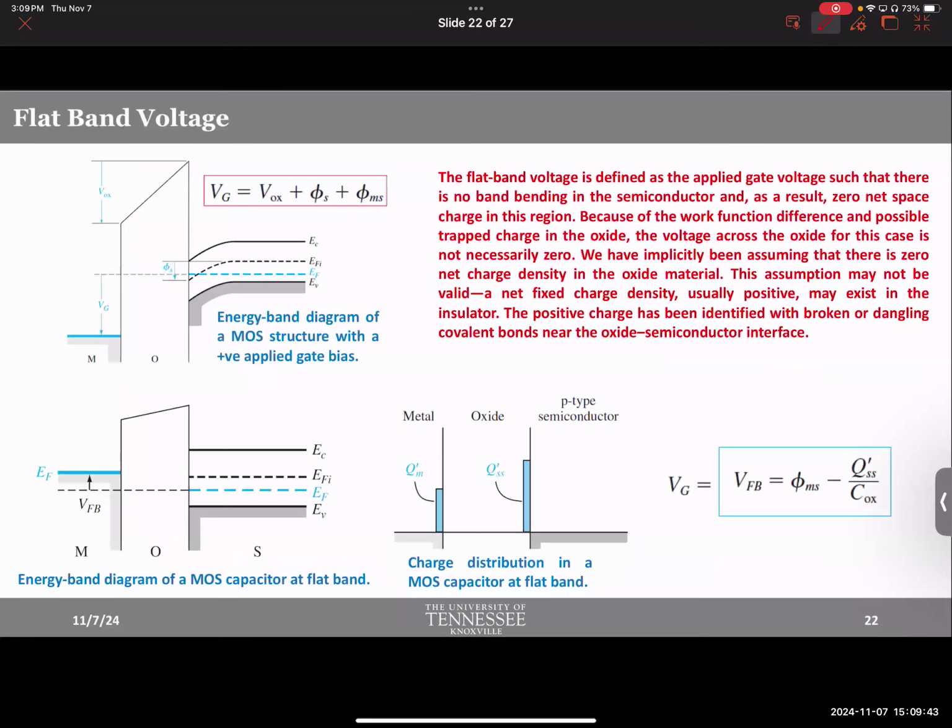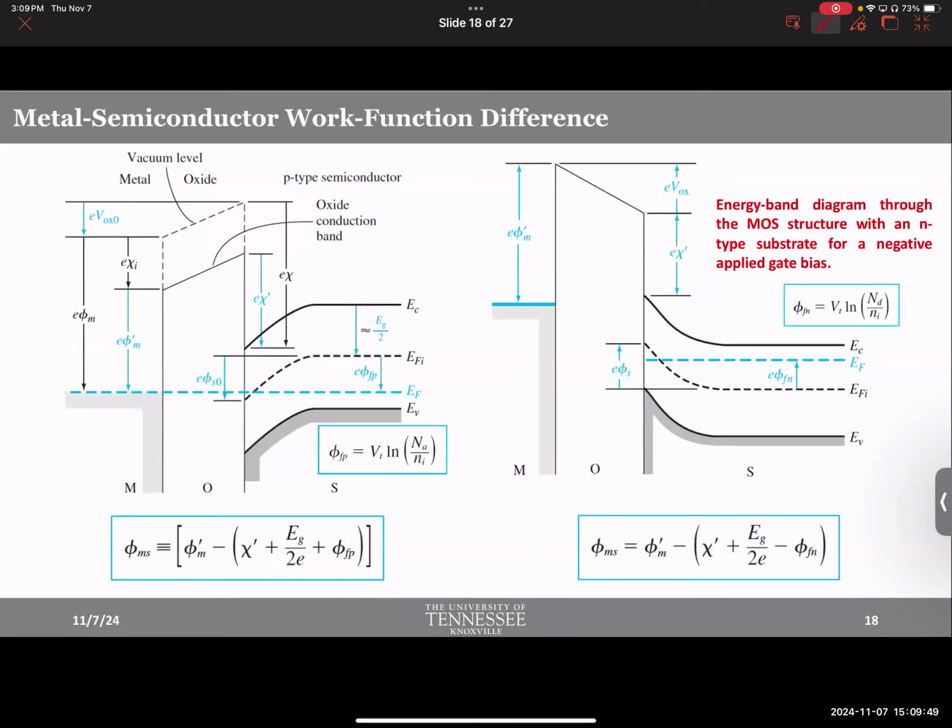Flat band voltage. See, there is a slide called flat band. So I'm heading towards flattening the band. Okay. So we need to first quantify how much bending you will get. That's what we can calculate using the metal semiconductor work function difference. So it turns out the bending is related to the work function difference between the metal and the semiconductor.